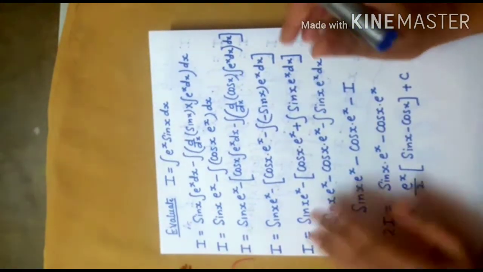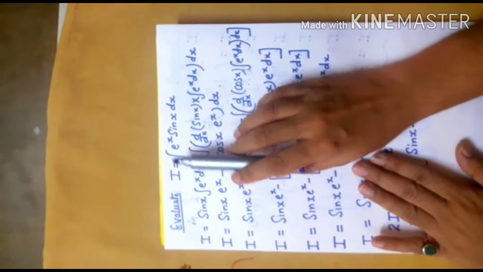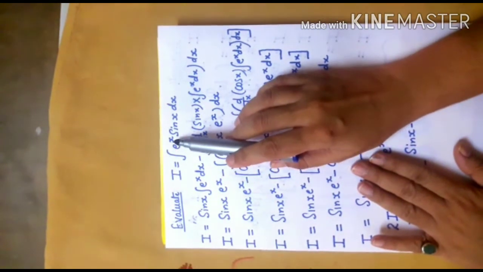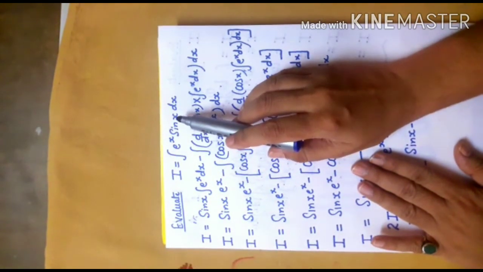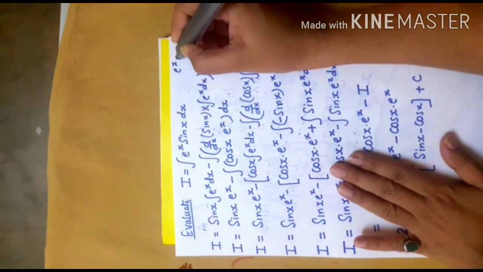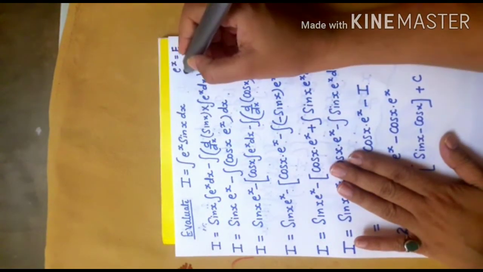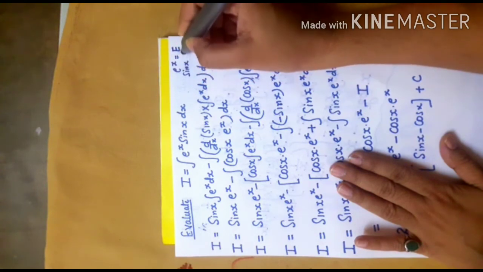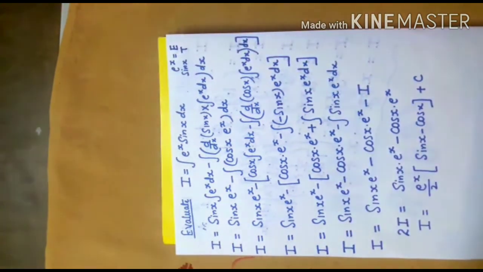Let's take another question. Evaluate I equals integral e to the power x into sin x. Yes, now look here. E to the power x is exponential function and sin x is trigonometric function.